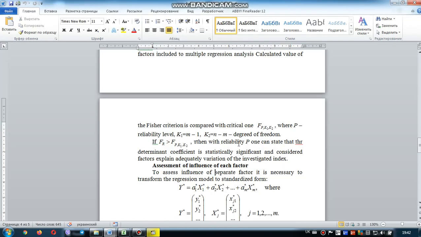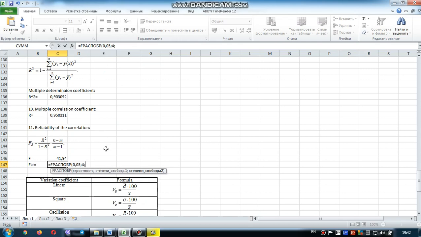And K2 is equal to 23 minus 5. F critical is equal to 2.92.